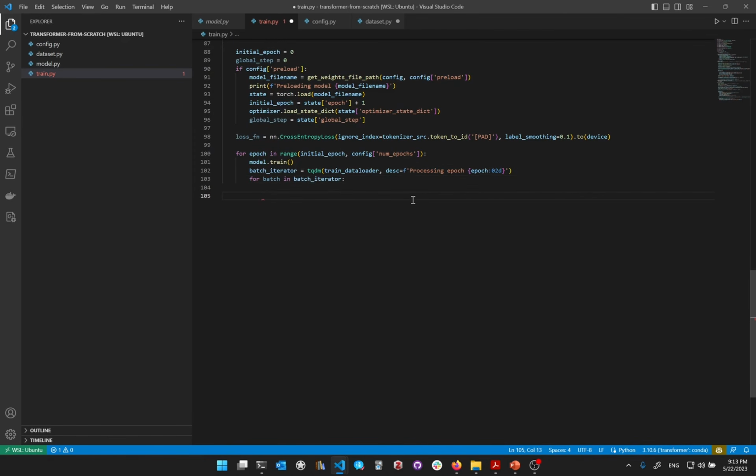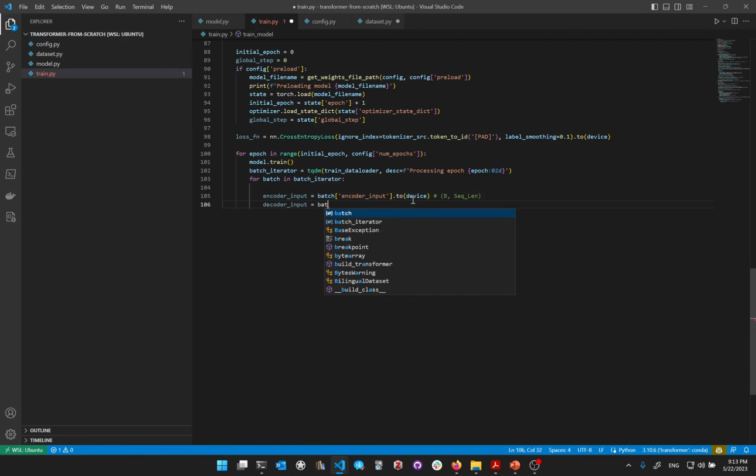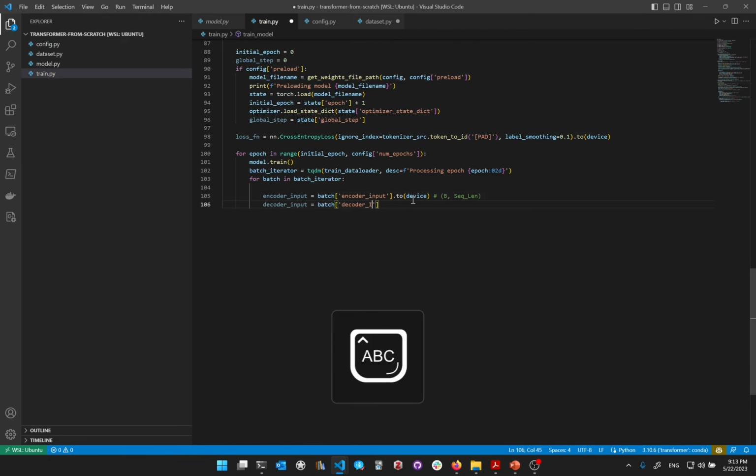Okay, finally we get the tensors, the encoder input. What is the size of this tensor? It's batch by sequence length. The decoder input is the batch of decoder input, and we also move it to our device, batch by sequence length. We get the two masks also.